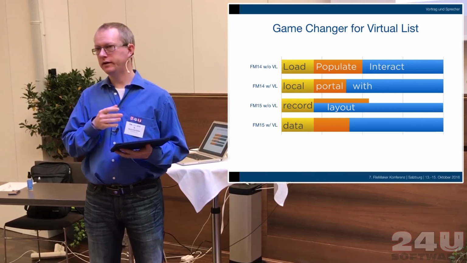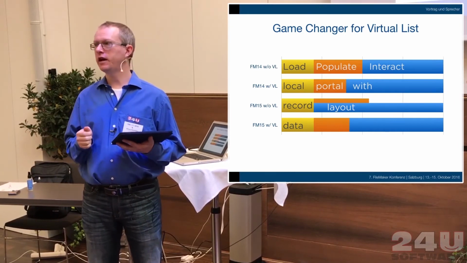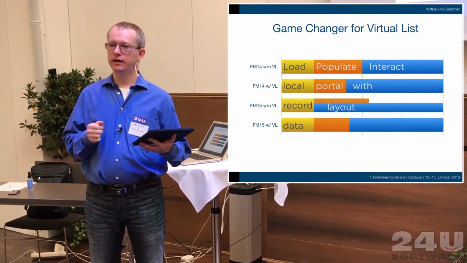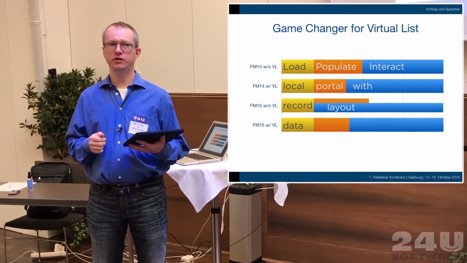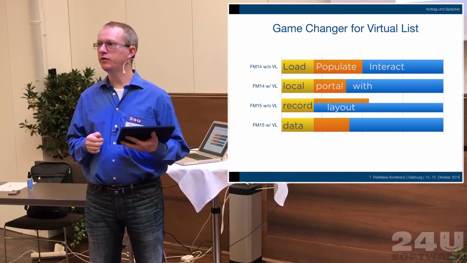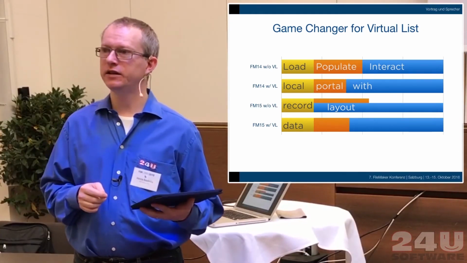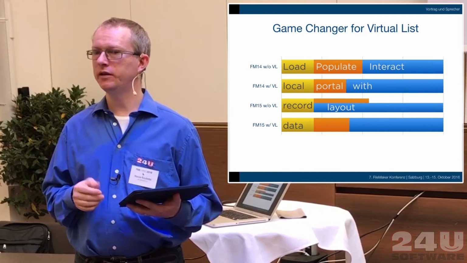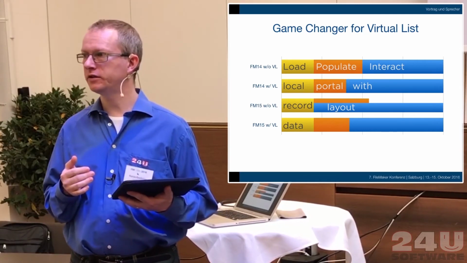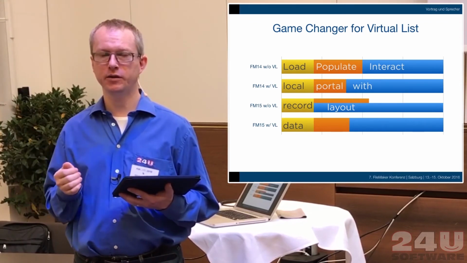So if you use virtual list to make your solution faster, it may be worth considering removing virtual list in some cases if you want to switch to 15. But of course, it still doesn't make the portal available faster. It just makes the main layout, main record available.